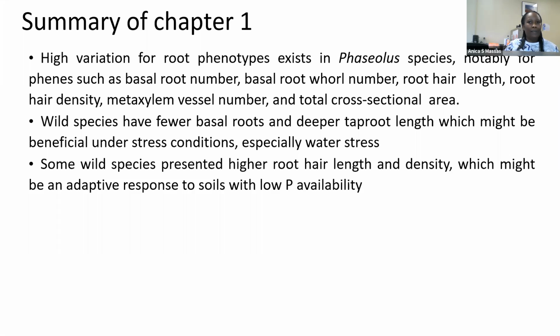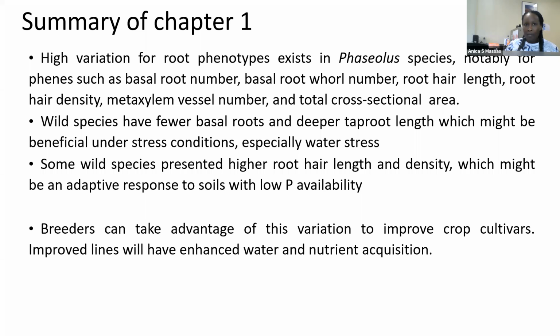Some wild species present higher root hair length and density, which might be an adaptive response to soil with low phosphorus availability. So breeders can take advantage of this variation to improve crop cultivars, and improved lines will have better water and nutrient acquisition.